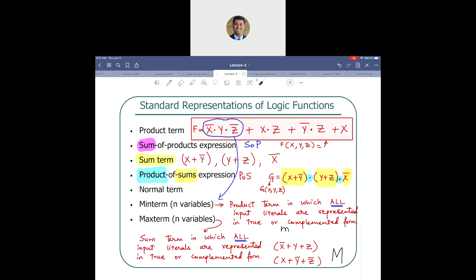It goes for both sum and product. So these are normal terms, these are normal terms, right?